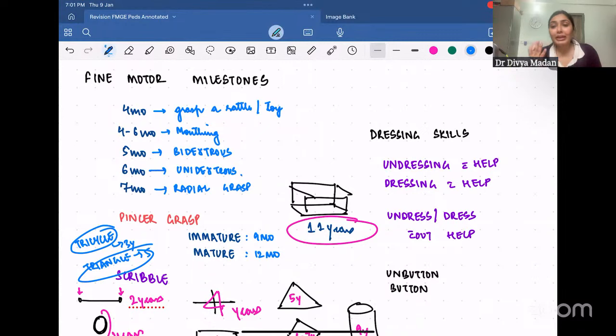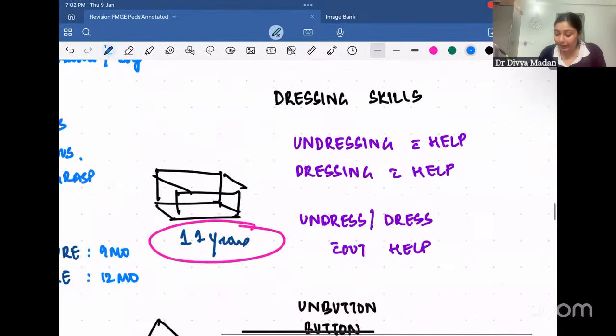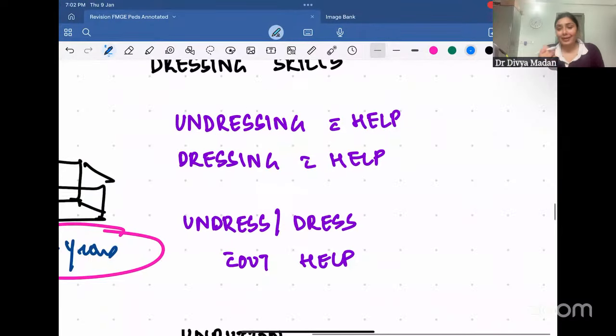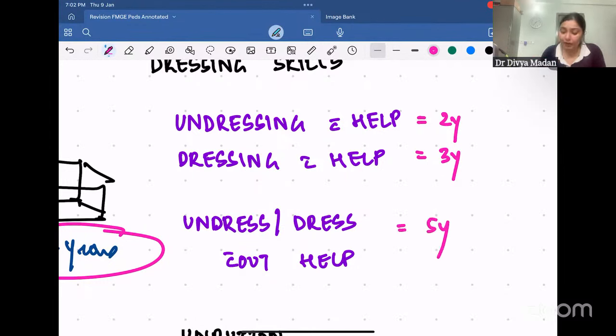Firstly, the child will need help, and thereafter the child will do without help. So undressing with help comes at 2 years of age, and dressing with help comes at 3 years of age. And thereafter, the child can undress and dress without help. This comes at 5 years of age.